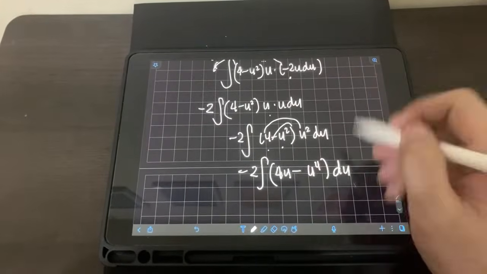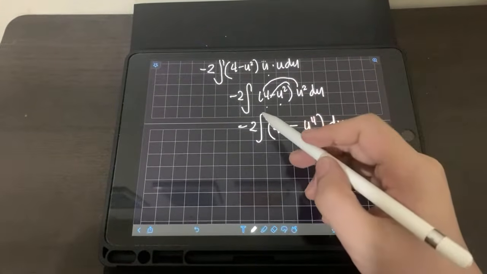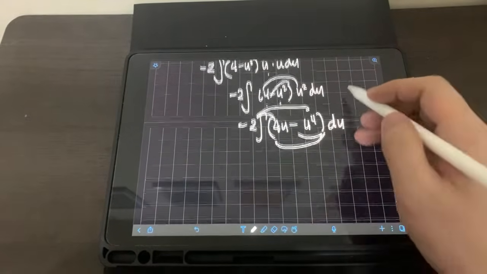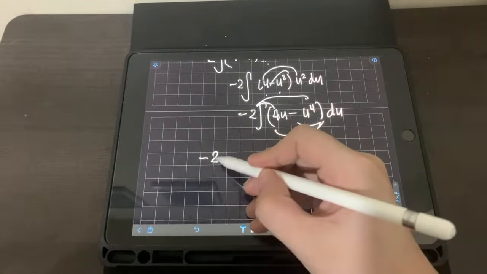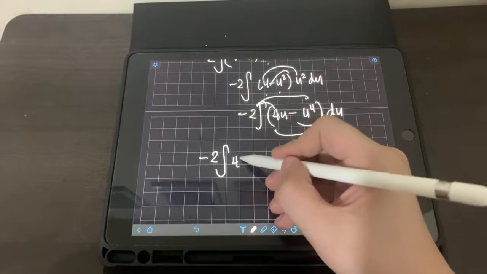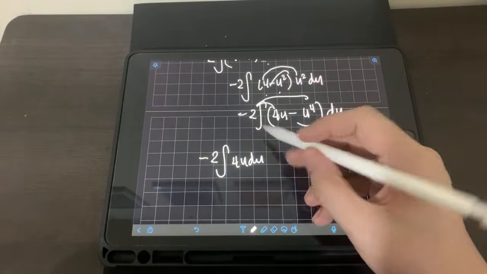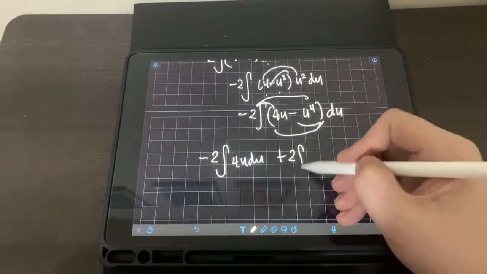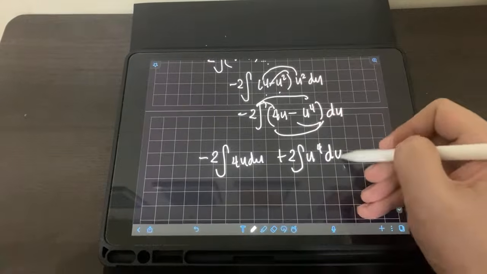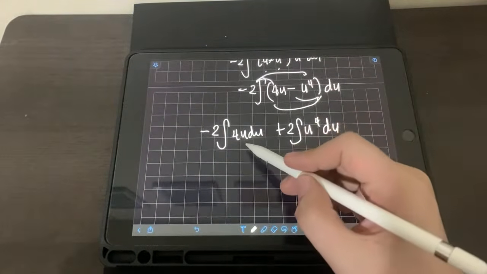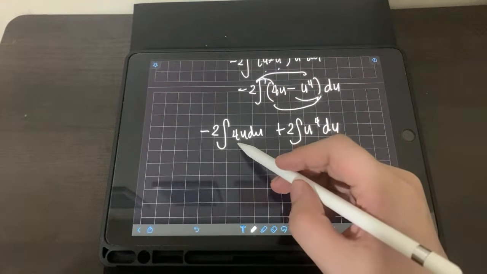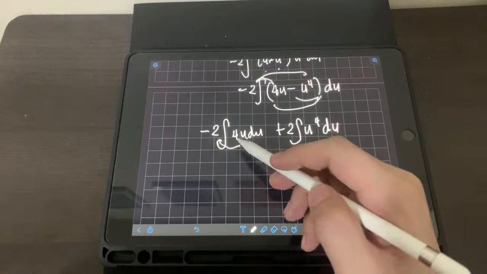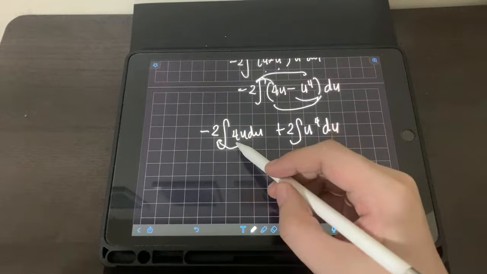Okay? Du. And then you can now distribute this negative 2 integral to every term together with the du. So you will have negative 2 integral of 4u squared du. Then negative 2 times negative, it will be positive 2 integral of u to the 4th du. Okay? So here, 4 is a constant again. So set it aside, meaning multiply the negative 2 times 4.